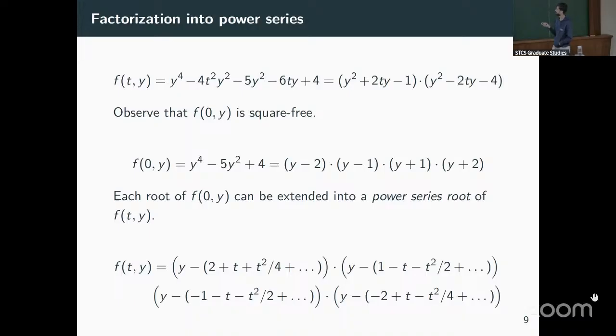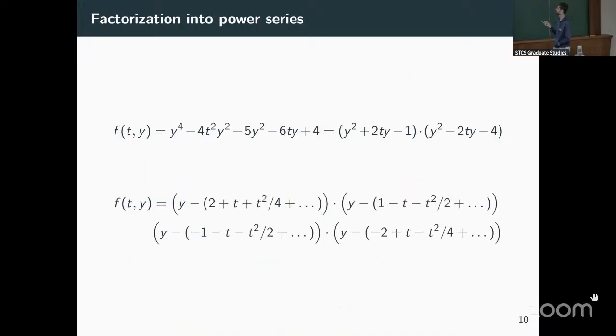If you look at the constant terms of each of the power series, the first one is 2, and that's lifted from the y minus 2 here. So each of the roots here, we can lift into a unique power series. This is a well-known fact, and all the non-degenerate conditions I said, that it's square free and monic, are required for this to be true.